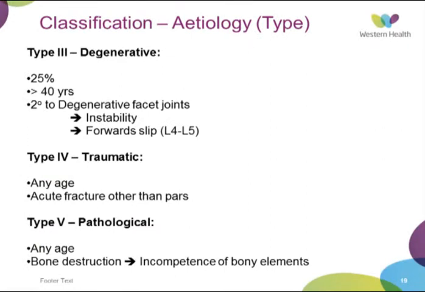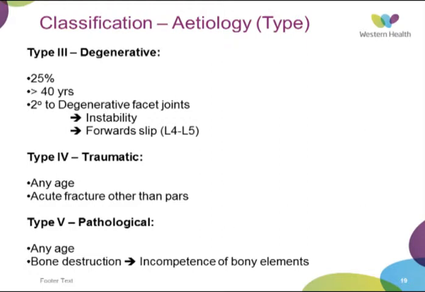Type 3, degenerative, occurs in around 25% in older adults. And that could be secondary to degenerate facet joints. And that can lead to instability and then hence the listhesis, or the forward slipping. In type 4, which is a traumatic type, obviously that can occur at any age, and that's an acute fracture other than the pars.